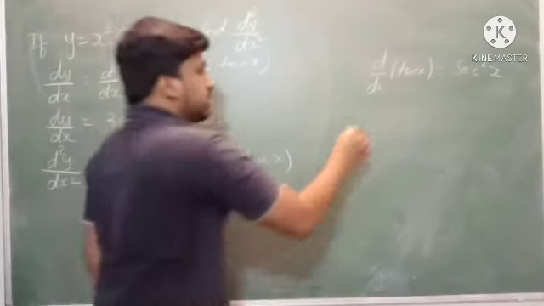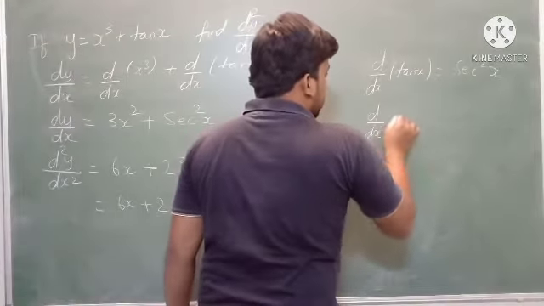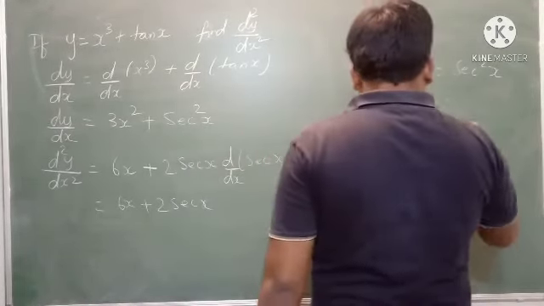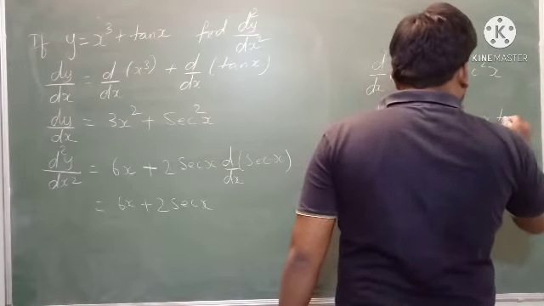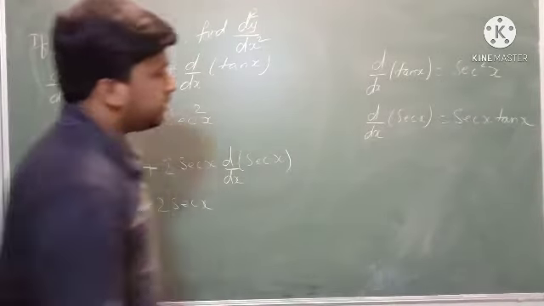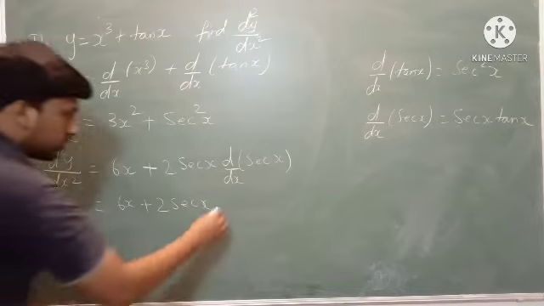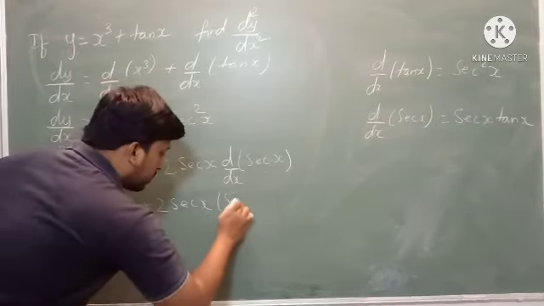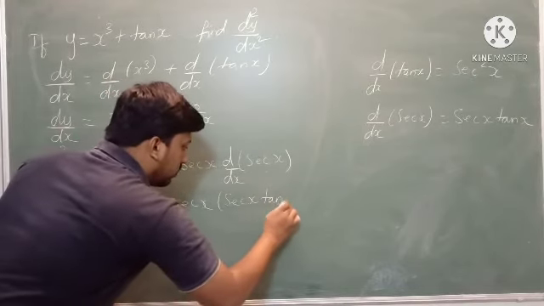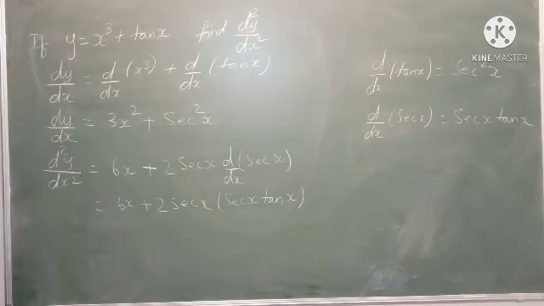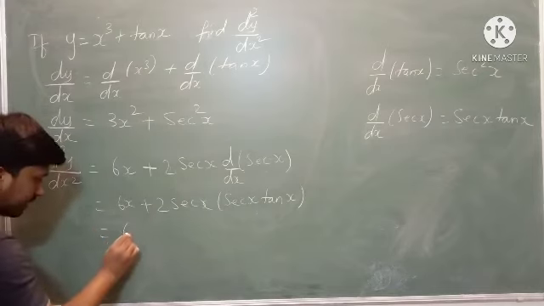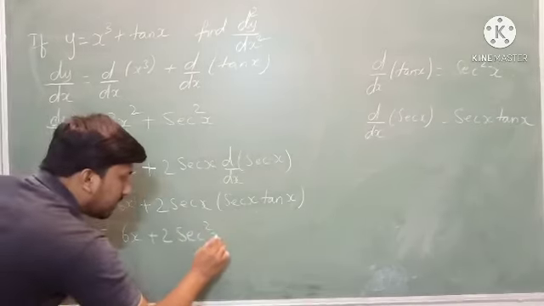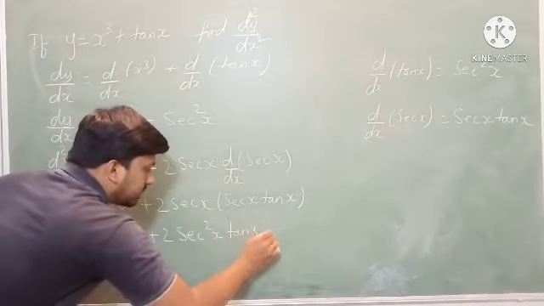So that is nothing but 6x plus 2 secant x. What is the derivative of secant x? d by dx of secant x is secant x into tan x, isn't it? That is the derivative of secant x, right? So instead of this, I'm differentiating secant x, so you will be getting secant x into tan x. So that is nothing but 6x plus 2 secant square x into tan x.